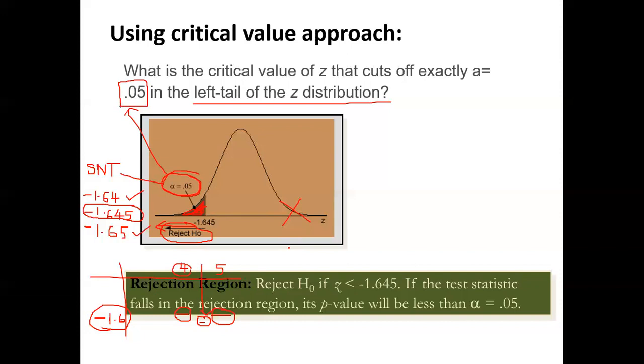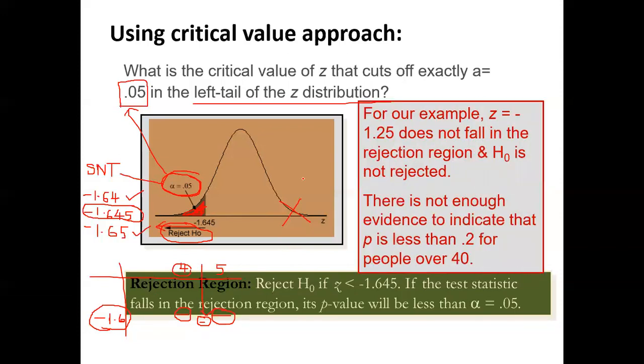So if the test statistic falls in the rejection region, its p-value will be less than alpha 0.05, because the cut-off point for significance is alpha, that is 0.01 and 0.05. So in our sample, when we find the test statistic, we get Z equal to negative 1.25, isn't it?